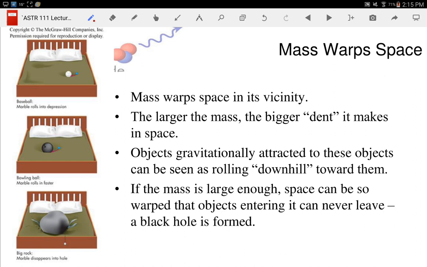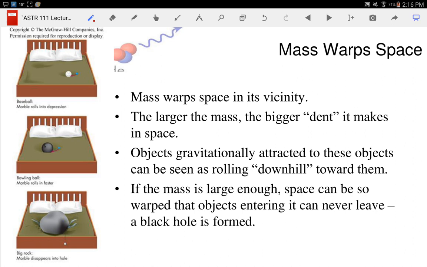It bends it. And if you put enough mass, you can actually make that space-time continuum warp all the way around it. So that according to Einstein, the black hole is not just a region where the escape velocity is greater than the speed of light, but it's a region where space has actually bent around on itself. So you could think like if you're inside that black hole, you can run all day long in a straight line.